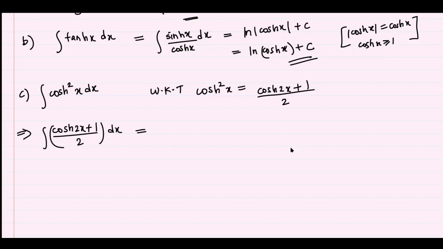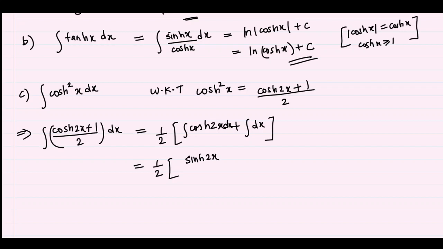Now we have to integrate this. 1 by 2 is a constant, we can take it outside. So it is integral cosh 2x dx plus integral dx, with the half outside. The integral of cosh 2x is sinh 2x. Minus sign is not there because they are hyperbolic functions. So the integral of cosh is sinh.